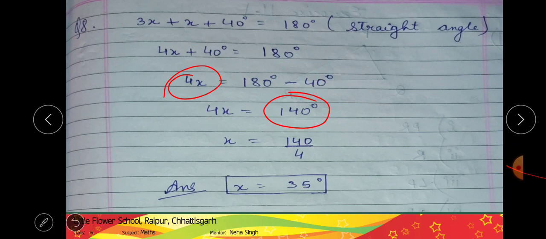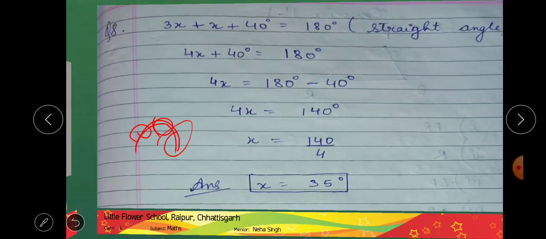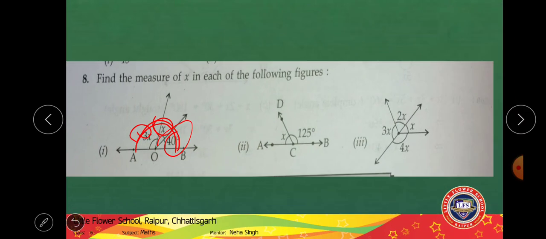So what will be the value of x here? x will be 140 upon 4, right? 4 ones are 4, 4 threes are 12 and 2 carried, 4 fives are 20. So the value of x for the first question will be 35 degree, right?